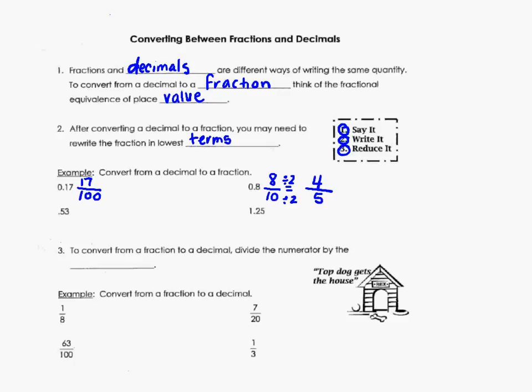So 4/5. 5 is a prime number, so I know I can't reduce it any further. Next example is 53 hundredths. So I'm going to say it, 53 hundredths, and then write it, 53 hundredths. And then I'm going to reduce it if possible. It's not even, so it's not divisible by 2. 5 plus 3 is 8, so it's not divisible by 3.